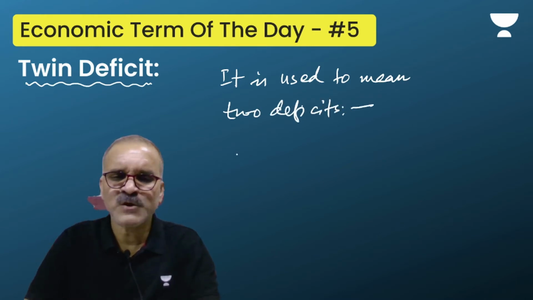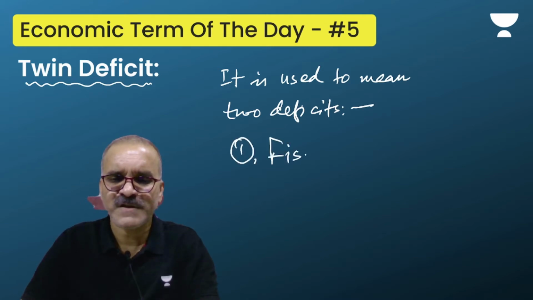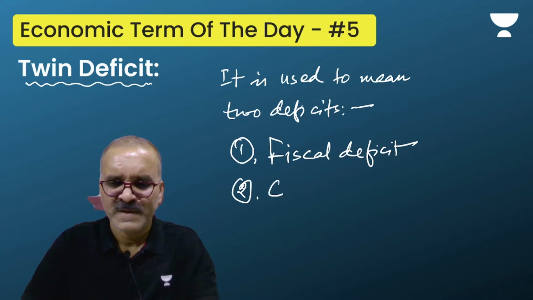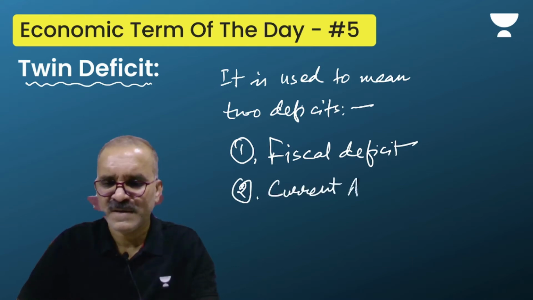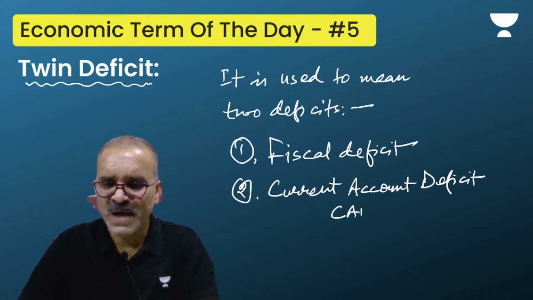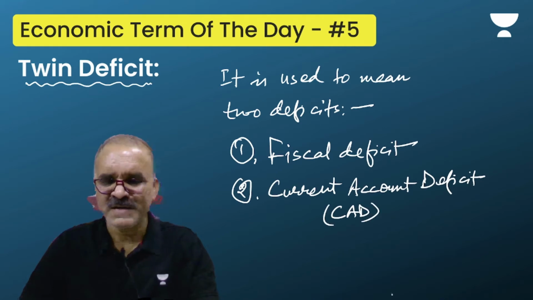And what are these two deficits? First is fiscal deficit, and second is current account deficit, shortly known as CAD. Clear?